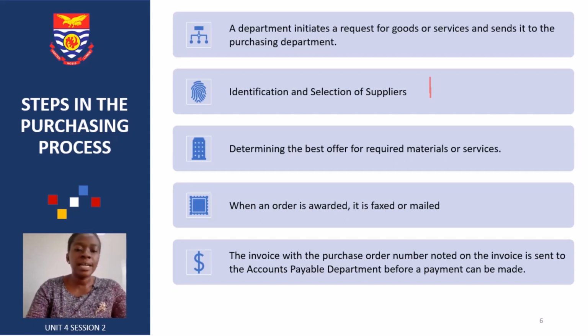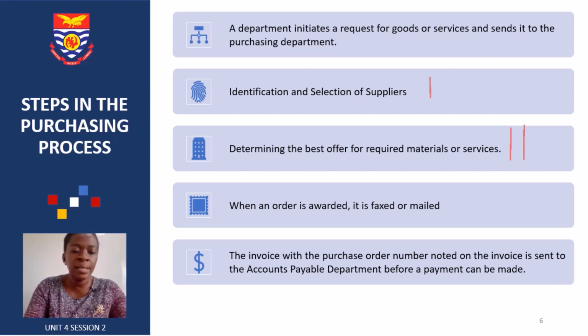And then once you are done, you need to determine who has the best offer of these materials and resources for you. So yes, I've identified that I can get mangoes from here, from here, from here. At the end of the day, you have to ask yourself which mango from which place is the best quality, which is the best cost, the price, and all those. You need to measure the cost against the benefits.